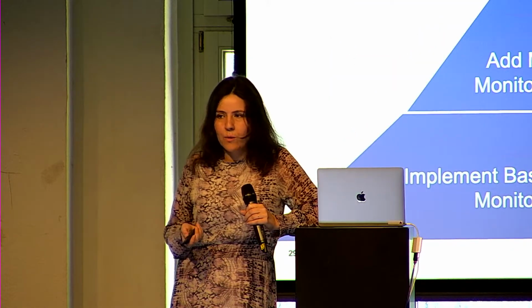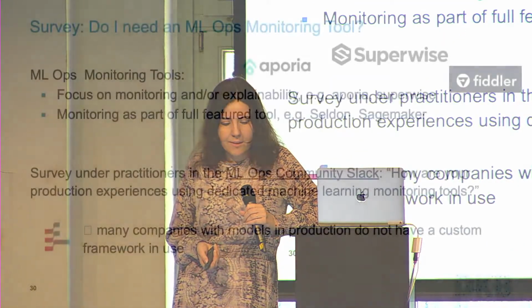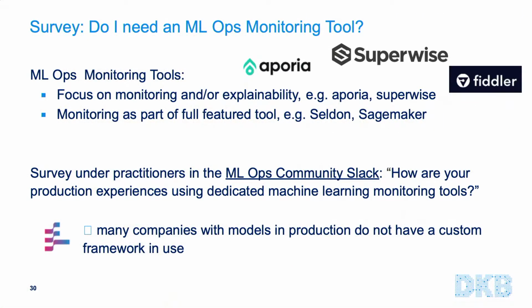Okay, so how do you practically implement this? So there's a bunch of nice monitoring tools. And I did a survey among practitioners in our ML operations community Slack, asking how many people are using these things in production. And it looks like adoption is not quite there yet. Many of these tools are also still new, so the jury is out.